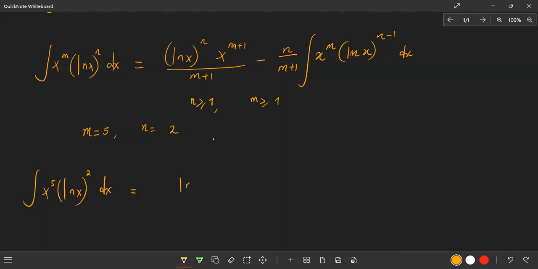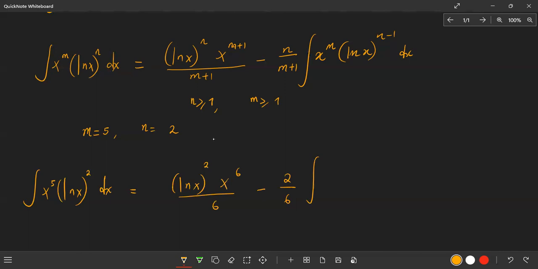So this will be natural log of x squared, our n here is 2, so 2 squared. Our m is 5, so we have x power 6 over 6, that is m plus 1. And then minus 2 over 6. Here n is 2, and 5 plus 1 gives 6 there.